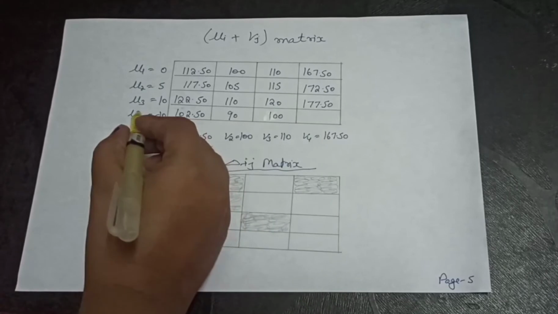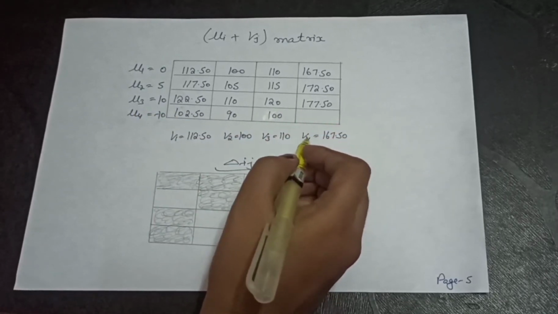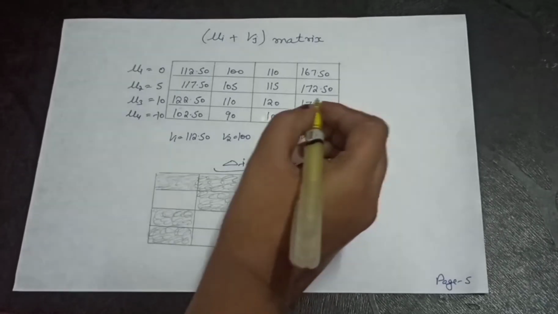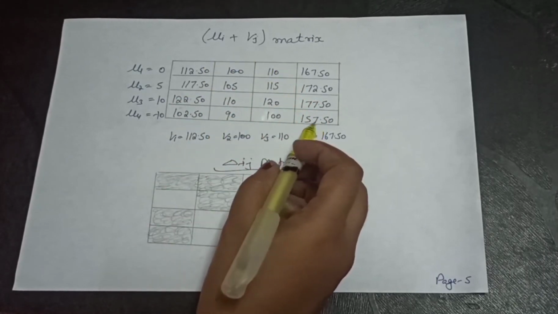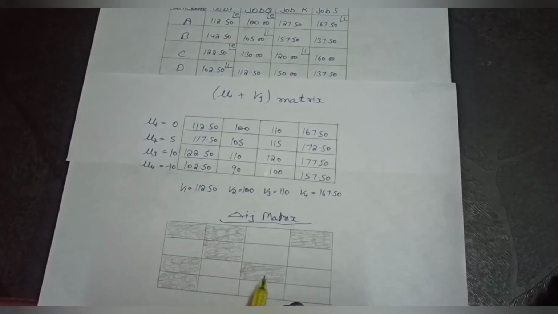For this cell, u4 plus v4 means minus 10 plus 167.50 is equal to 157.50. So students, we have calculated this ui plus vj matrix. Now we will calculate this matrix. These cells are allocated cells and these blank cells are unallocated cells.